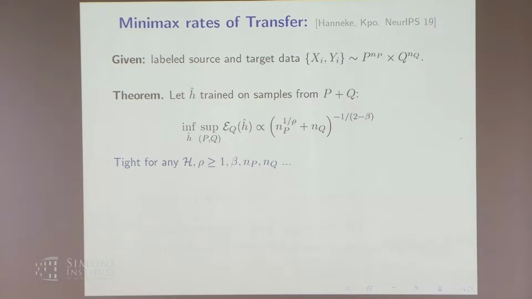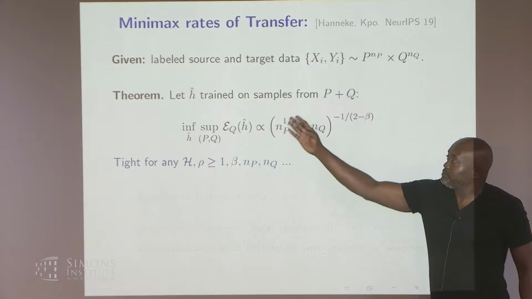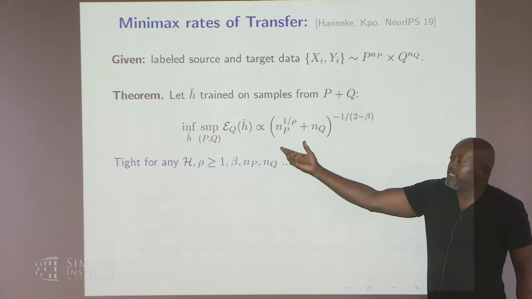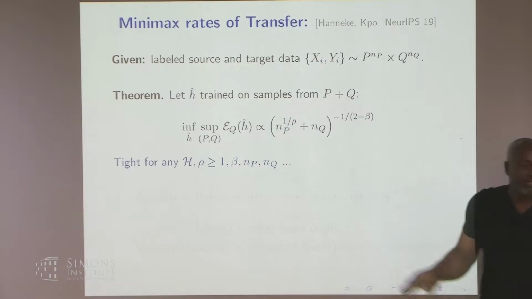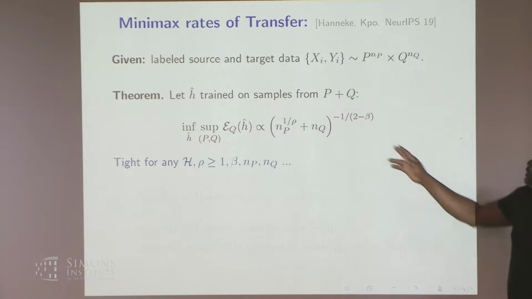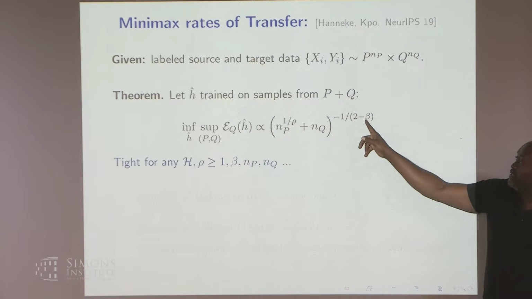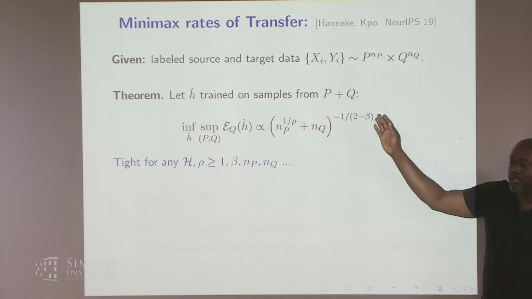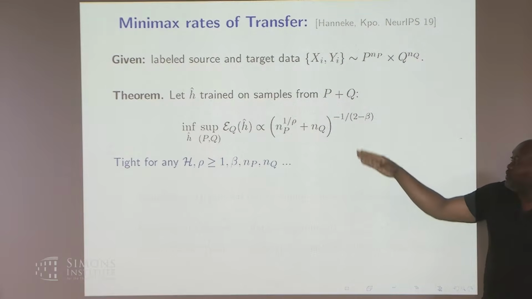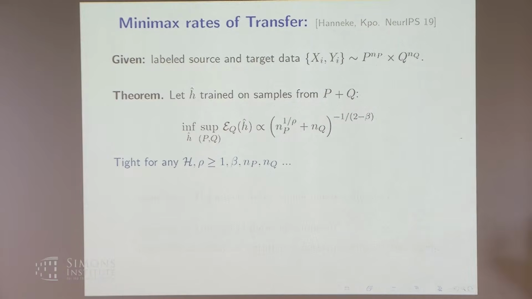The minimax rate takes this interesting form. There is, essentially, what I call the effective sample size contributed by the source, plus the sample size from the target, to the 1 over 2 minus beta. Again, if beta is 0, we get the usual 1 over square root n type rate. If beta is 1, that's a low noise condition, we get a fast 1 over n type rate. Fine? To everyone.